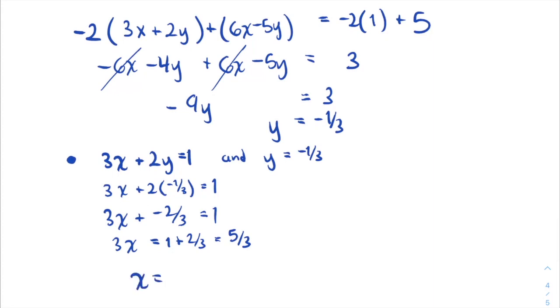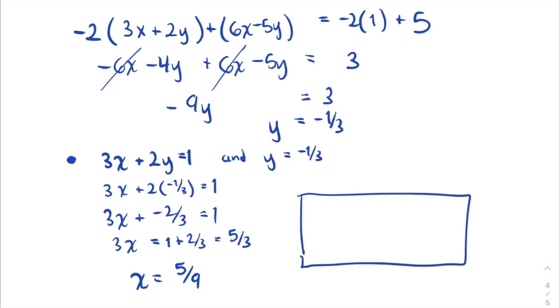So x equals 5/3 divided by 3, which is 5/9. Which tells us that our solution is, I'll give it as an ordered pair this time, 5/9, comma, -1/3.